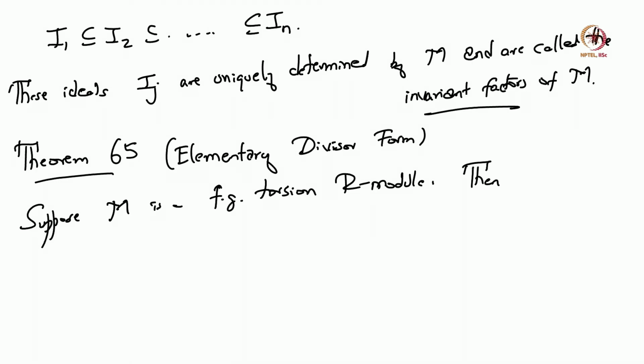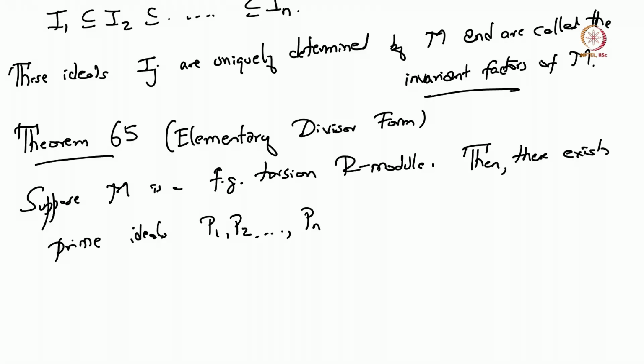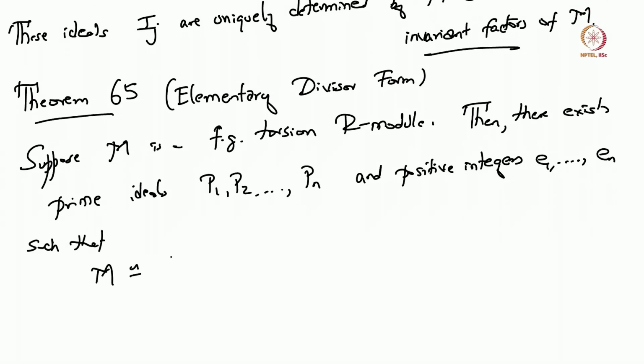Then there exist prime ideals P1, P2, up to Pn, and positive integers E1, E2, all the way up to En, such that the module M is isomorphic to R mod P1 to the E1, R mod P2 to the E2, and so on, R mod Pn to the En.